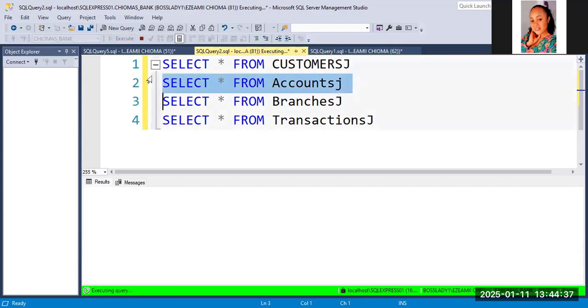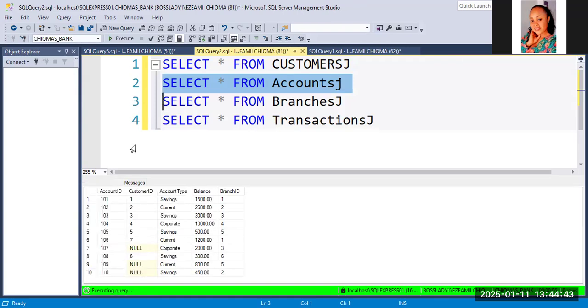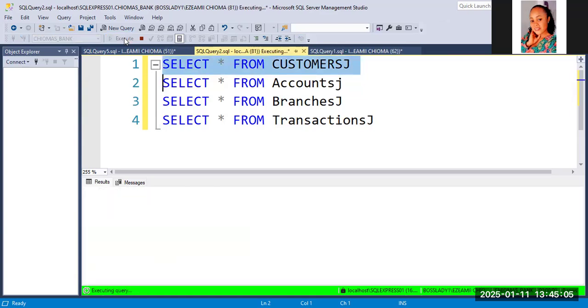This will enable us to make sure we are joining on the right column. We also have customer ID here. So that's where we're going to join. Let's see, we have customer ID. Okay, we have account ID. Let's see if we have account ID here.